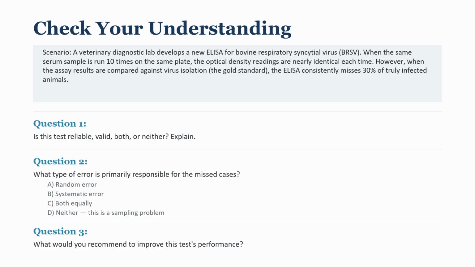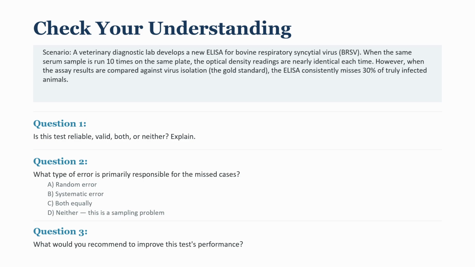Let's work through this carefully. This is a scenario that directly mirrors how diagnostic tests are evaluated in real laboratory validation studies. Question 1. This test is reliable, but not valid. The near identical optical density readings across 10 runs of the same sample tell us the test is highly reproducible.